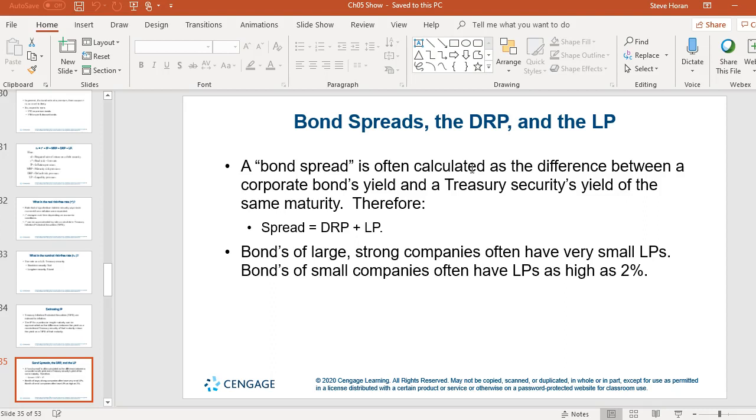So a bond spread is often calculated as the difference between a corporate bond's yield and the Treasury securities yield of the same maturity. So that's the DRP, the default risk premium, plus the liquidity premium. Bonds of large, strong companies often have very small liquidity premiums. Bonds of small companies often have LPs as high as 2%.